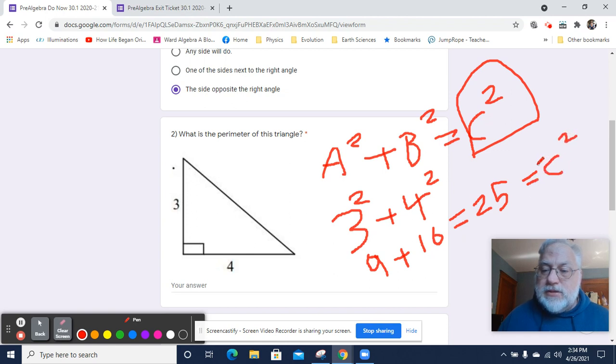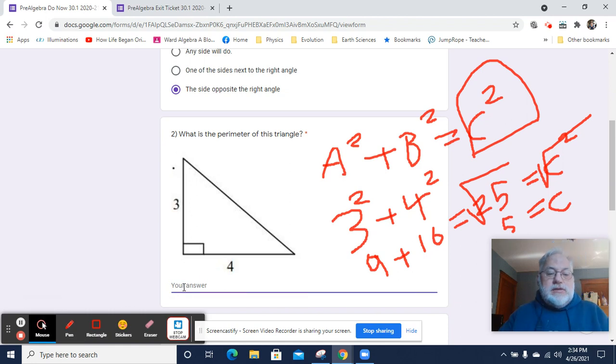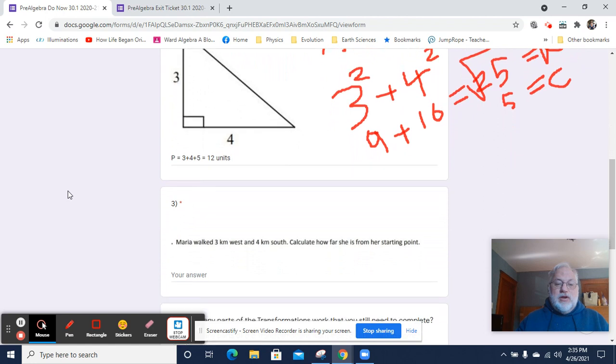Okay, and then if we get the square root of C squared and the square root of 25, we'll end up with 5 equals C. Okay, it's also negative 5, but we're not going to use a negative for this situation. So our perimeter is going to be simply 3 plus 4 plus 5, which will equal 12 units, of course. We don't know what the units are, but there you go.